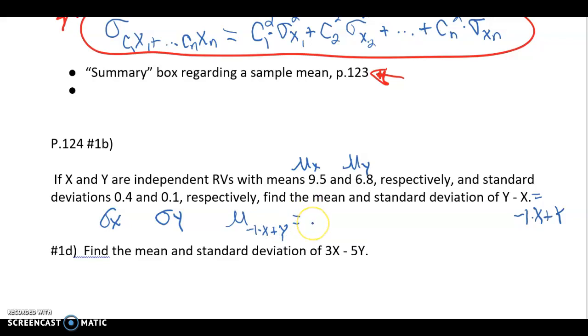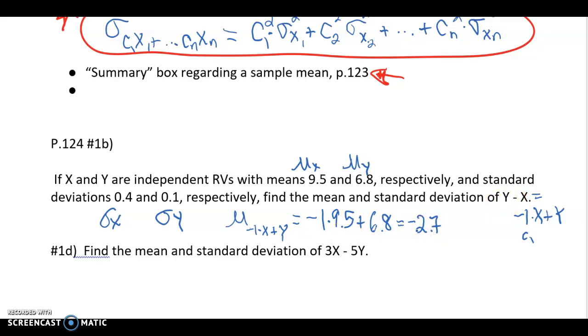The mean of a linear combination, you'd take C1, which is -1, times the mean of x, which is 9.5, plus, the C2 is just 1, so I don't need to do anything, 1 times 6.8. So whatever that is, what is that, like -2.7? So the mean of y minus x ends up being -2.7.